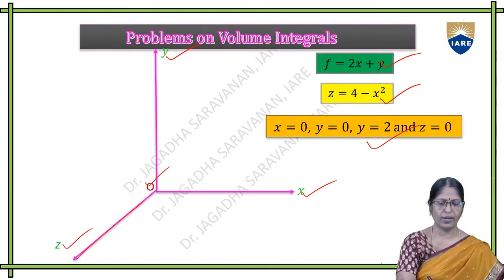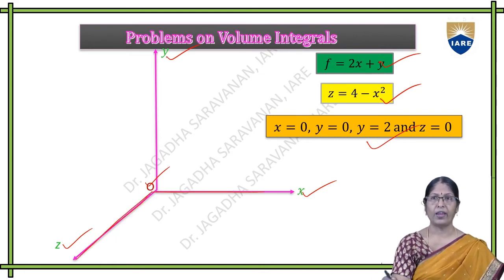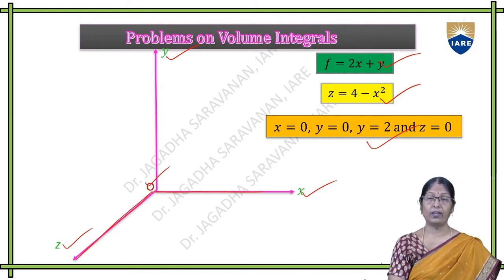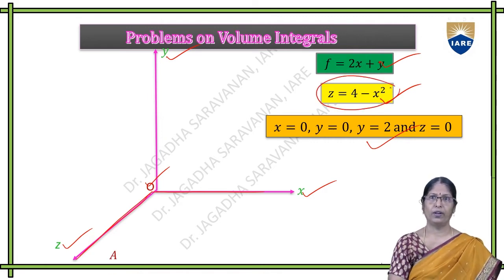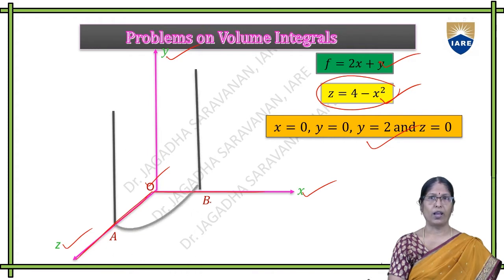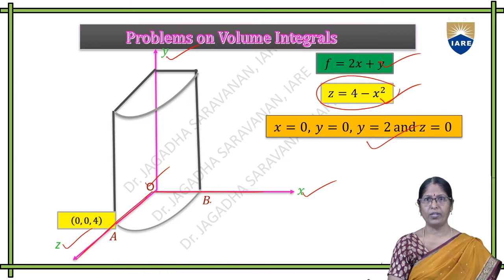This is completely our xz plane according to our question. Next, there is a point on the z-axis, which we name as A, and a point on the x-axis, B. We are just adding the cylinder which is framed.